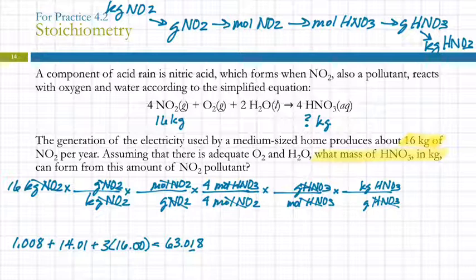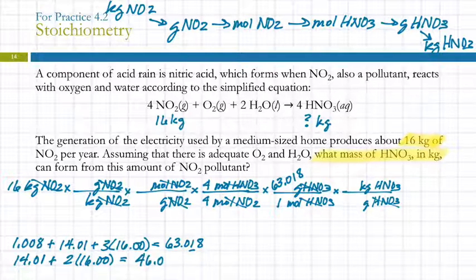It's 1 mole is equal to that many grams. 63.018. Didn't leave enough space. And then the NO2 that I meant to do first, nitrogen and 2 oxygens. So 1 mole of NO2, 46.01 grams of NO2. Molar masses. Any questions?